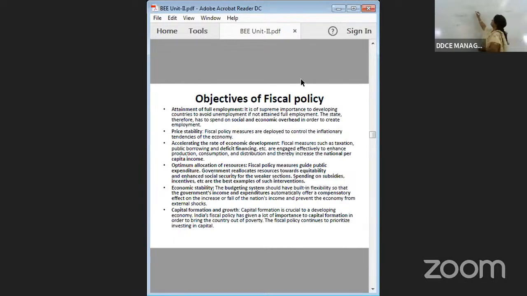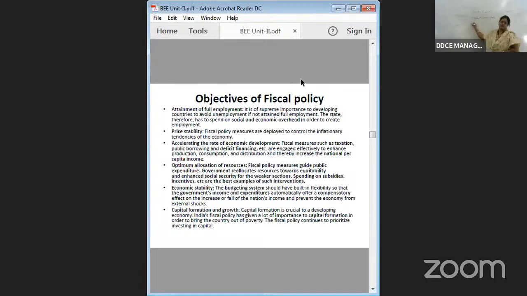This is the objective of fiscal policy. What is the first objective? That is a higher economic rate. Higher economic rate. That was the first objective of fiscal policy.